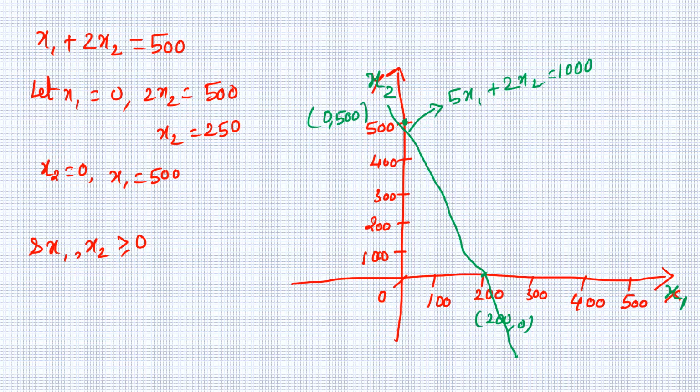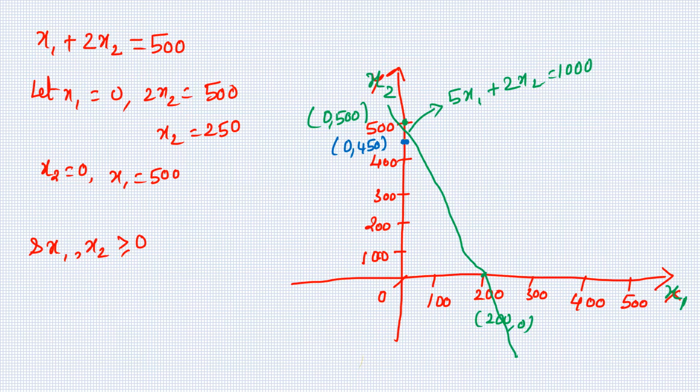Next we will consider the second constraint. There also we take 0, 450, because it lies between 400 and 500, and another point is 0, 300.